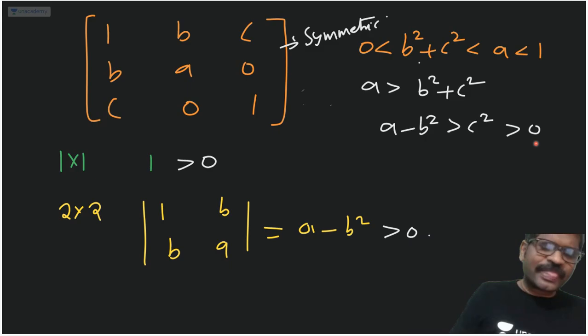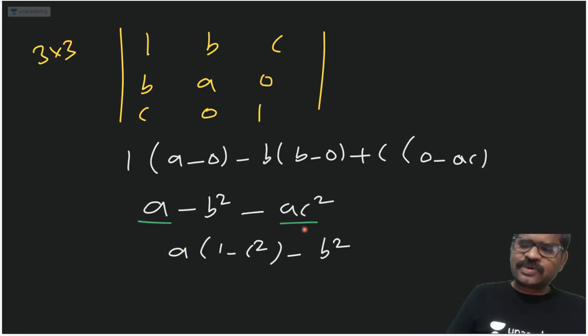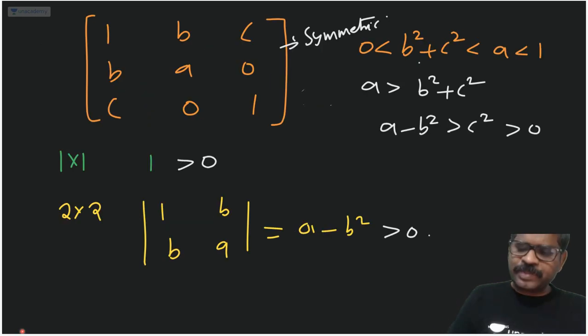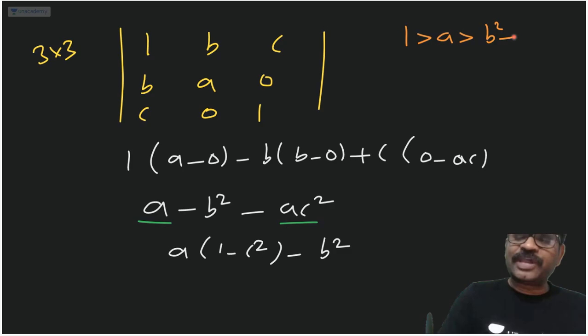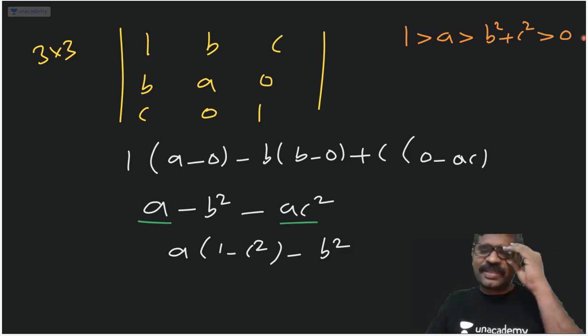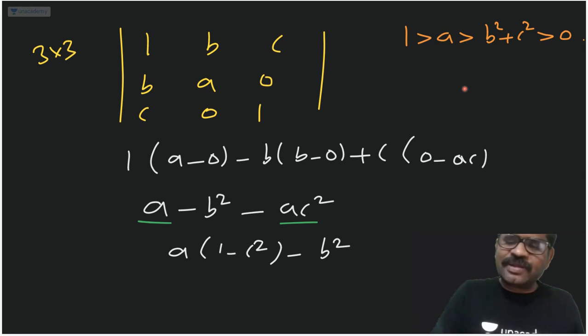Observe. 1 greater than A greater than B square plus C square greater than 0. Now come here. Observe. 1 greater than B square plus C square.